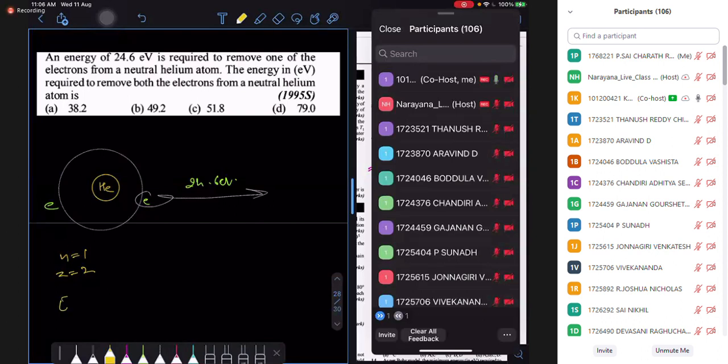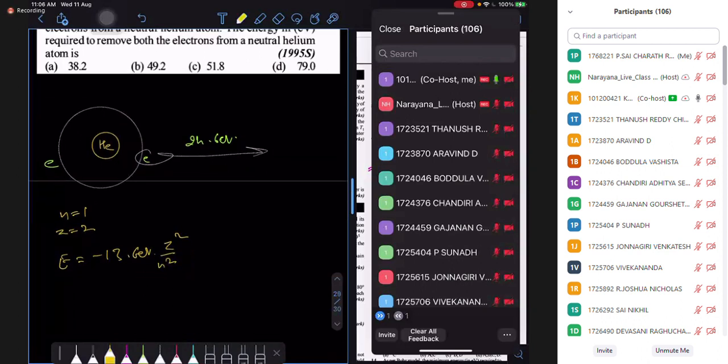So my energy is minus 13.6 Z square by n square. In your ground state, your energy is there, n equal to 1. Then n equal to 2, 3, 4, 5, and you want to remove, which means you want to go toward infinity.